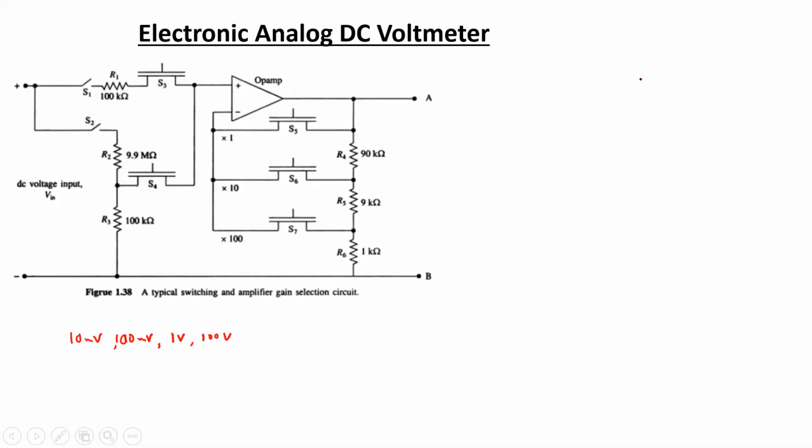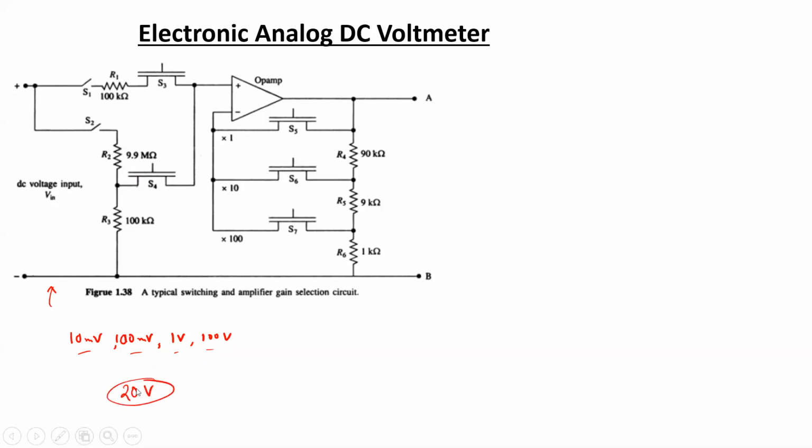Okay, so just for an example, let's say this circuit is designed for different input voltage ranges: 10 millivolts, 100 millivolts, 1 volt or 100 volts. Let's say we also want to add another input voltage range, that is 20 volts.